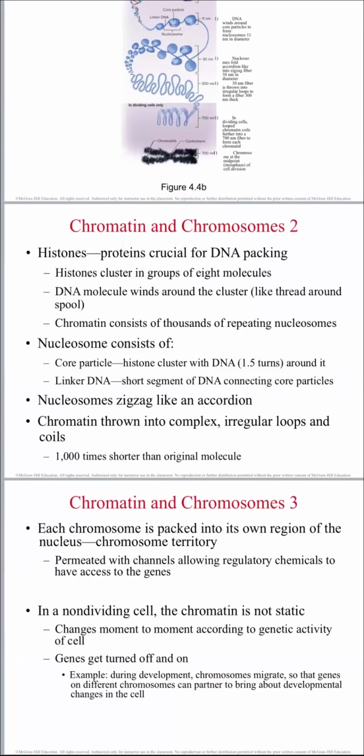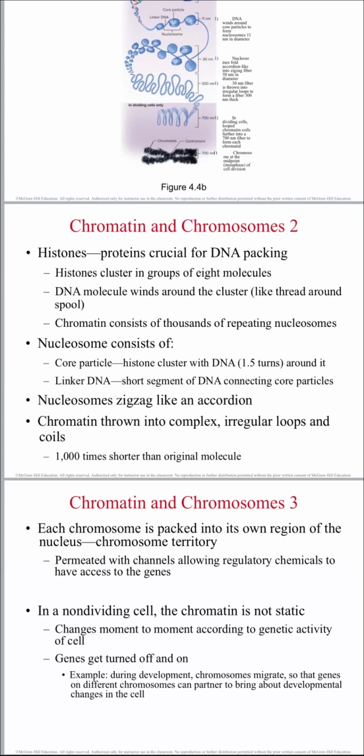All right, now I mentioned that chromosomes right here are basically DNA molecules that have been rolled on proteins to make it a little bit more efficient to package, so it doesn't take up as much room. The actual proteins that we use to wrap and roll the double strand of DNA are called histones. Histones are proteins crucial for DNA packing.